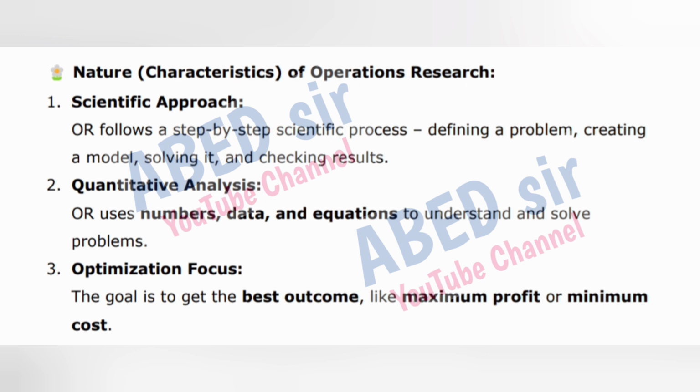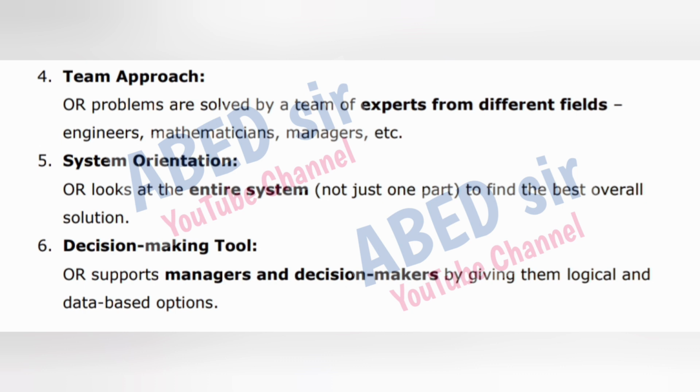OR uses numbers, data, and equations to understand and solve problems. 3. Optimization focus. The goal is to get the best outcome, like maximum profit or minimum cost. 4. Team approach. OR problems are solved by a team of experts from different fields, engineers, mathematicians, managers, etc.